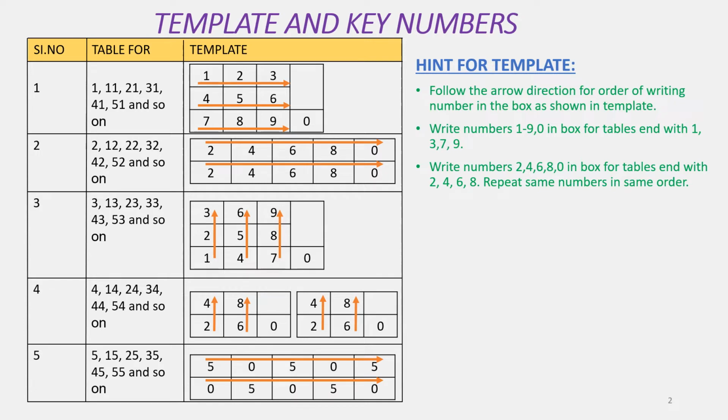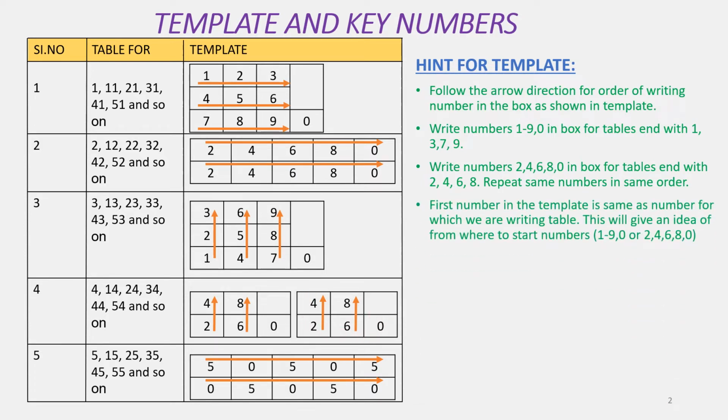Like that, write numbers 2, 4, 6, 8, 0 for tables n with 2, 4, 6, 8. And repeat the same numbers in the bottom boxes or other boxes.